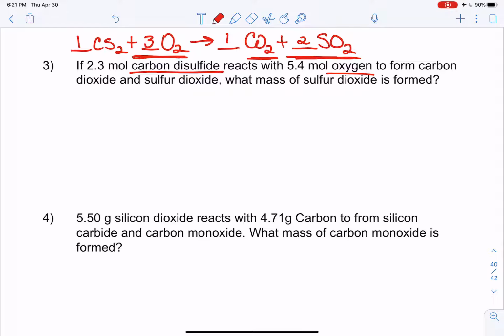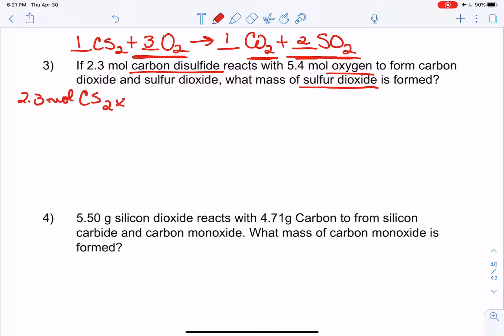Okay, so what's given to us is 2.3 moles of carbon disulfide, and we want to know how much sulfur dioxide is formed. Okay, we're already in moles, so we don't have to go grams to moles.